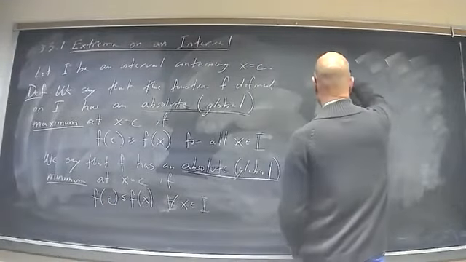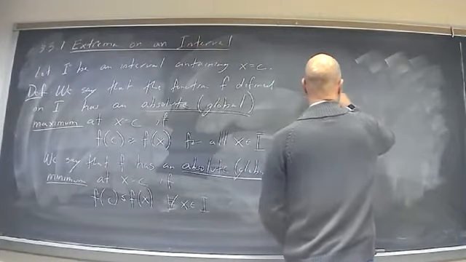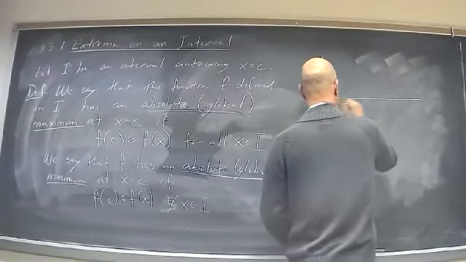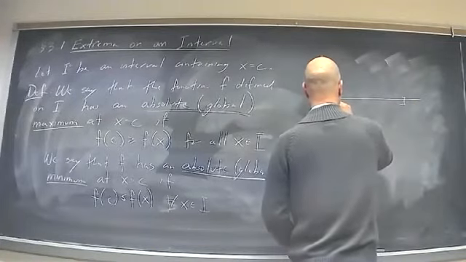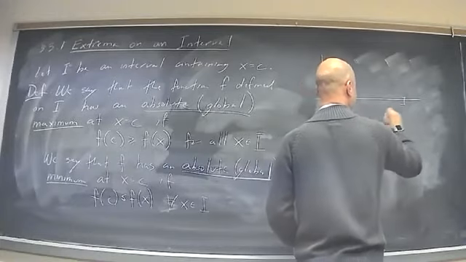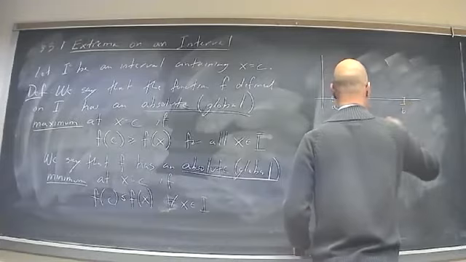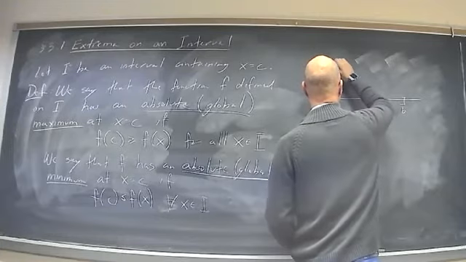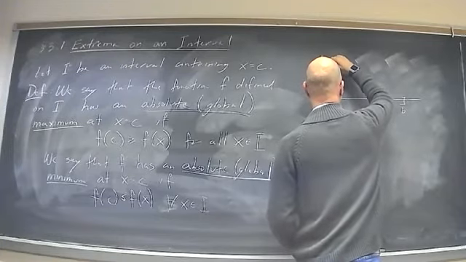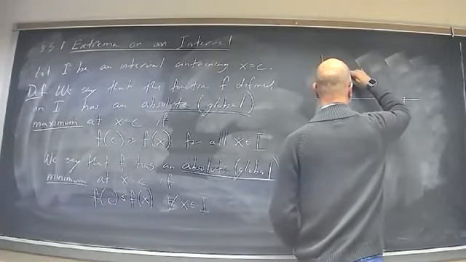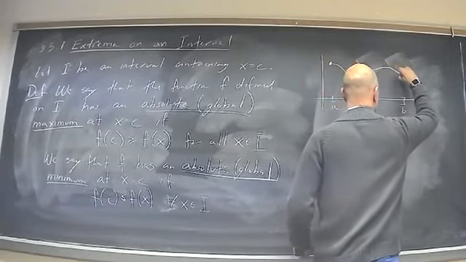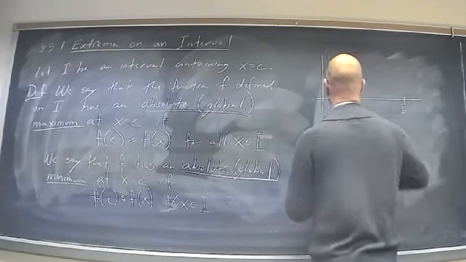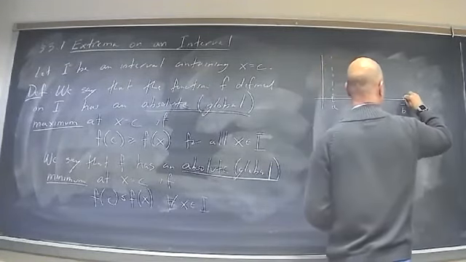So let's just draw ourselves a little picture. Let's say here's our interval, here to here. Let's say this is x equals a, and let's say this is x equals b. Drawing some vertical lines first.